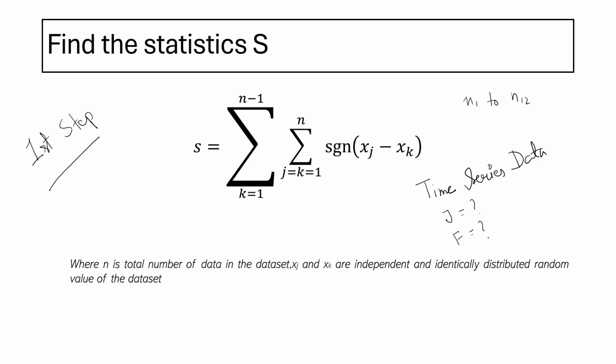Your first job will be to arrange these 12 data from previous to current date. That means from January to December, you have to arrange this data if the data is mixed. With respect to the time scale, you arrange the data chronologically from previous time scale to current time scale.